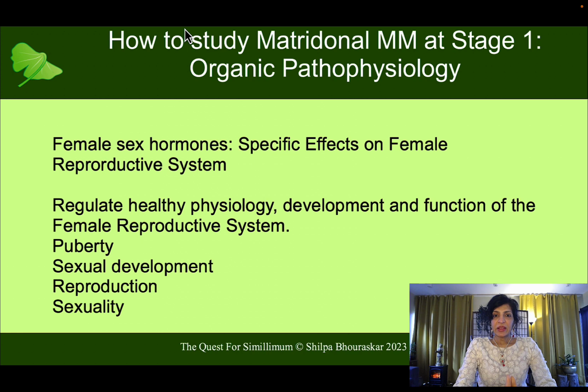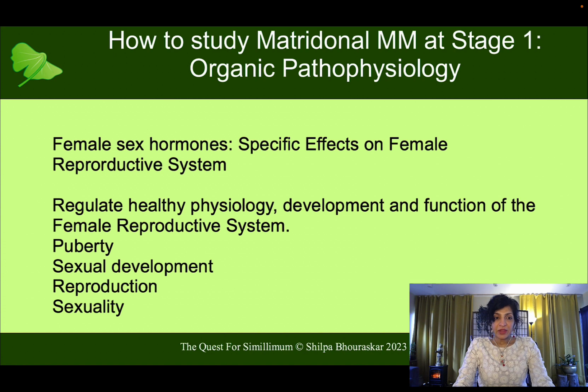So when you're studying the Matridonal Materia Medica at stage 1 at an organic physiological level, what you do is look into your pathophysiological books or anywhere on the web where you get pathophysiological factual information and start looking for what are the female sex hormones and what is their scope, and where you find the effects, you find the side effects, and you find the entire spectrum of the effect of these remedies.